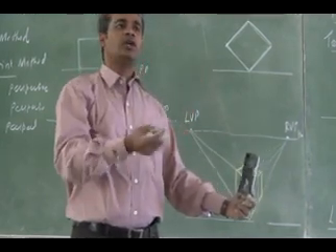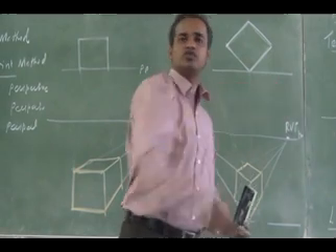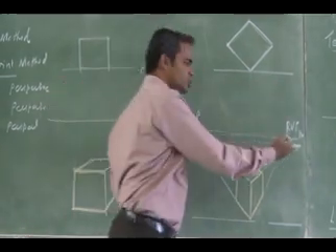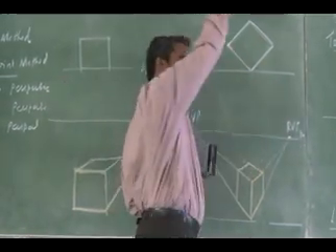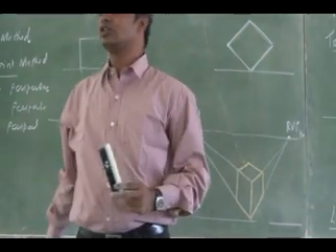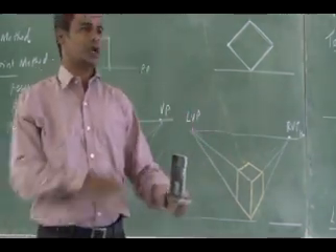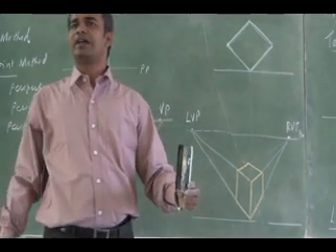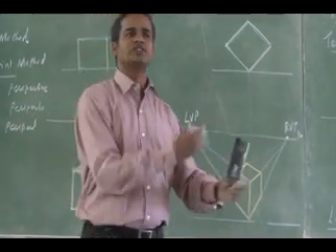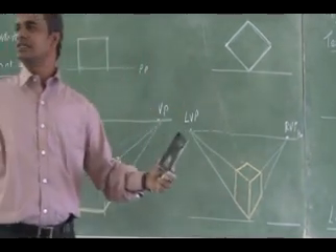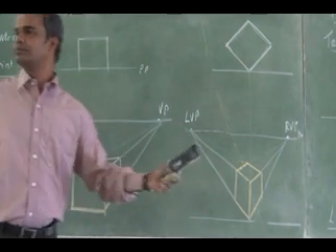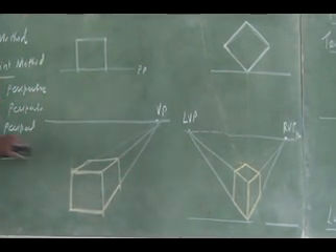So I have to introduce another vanishing point, just go down. Apart from these two right and left vanishing points, I will introduce another top vanishing point. That is 3-point perspective. It is still realistic if 3 faces of the object have to be shown. So this is about the vanishing point method.